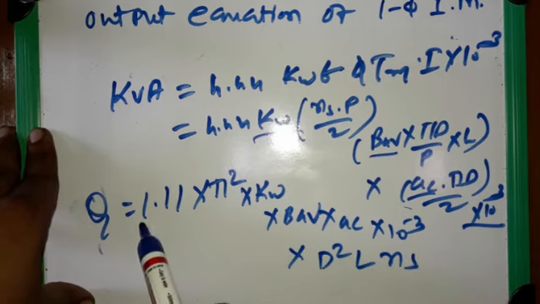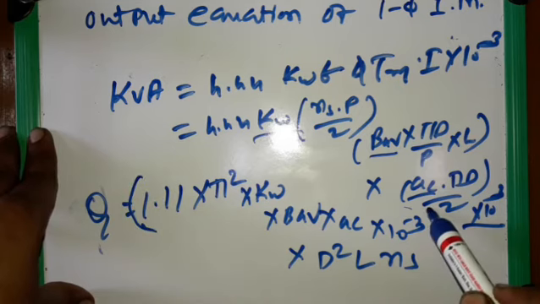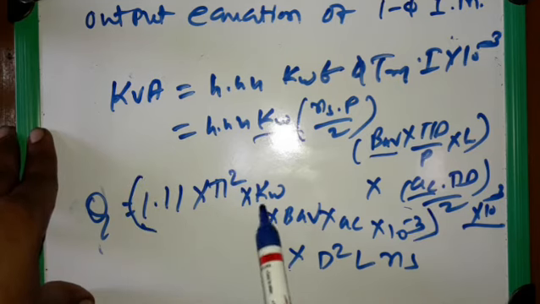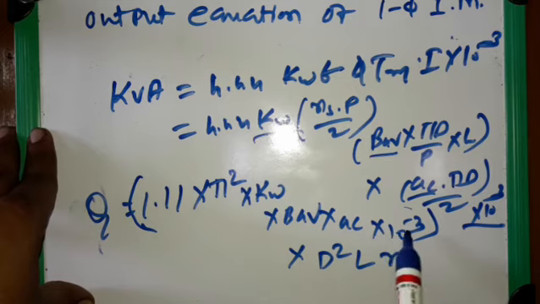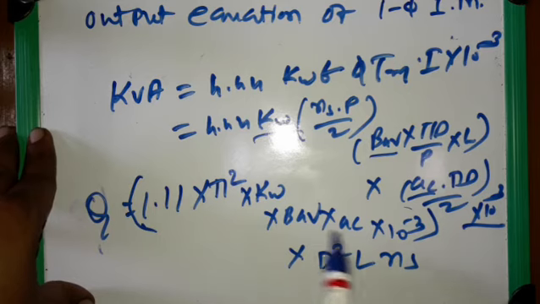Now this value, 1.11 pi square Kw Bav ac and 10 raised to minus 3, are all constants. So we take this value as our output coefficient.